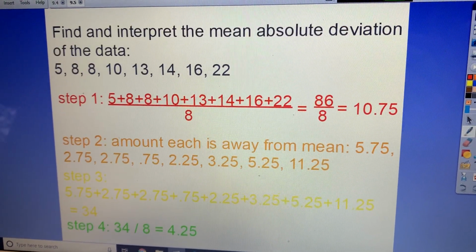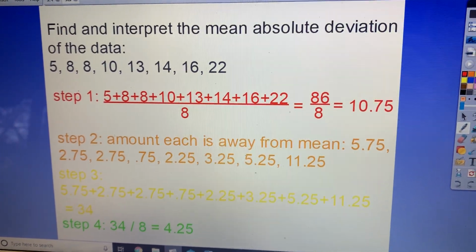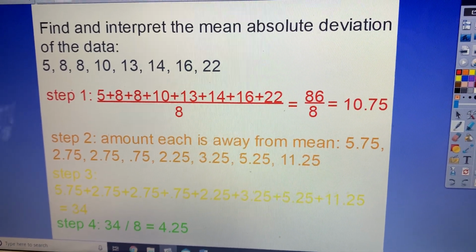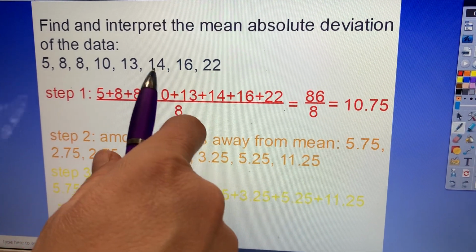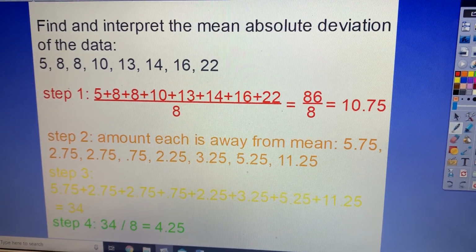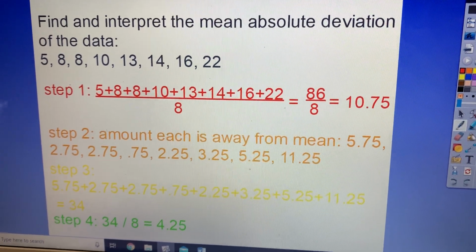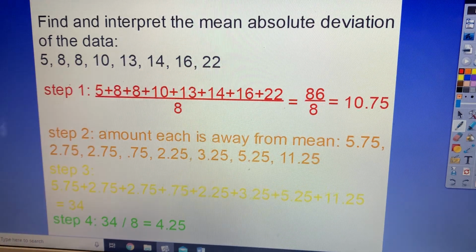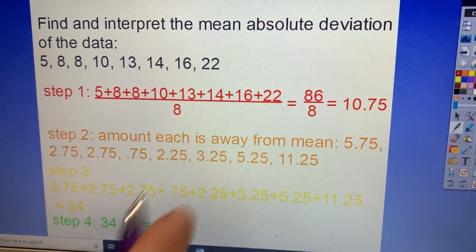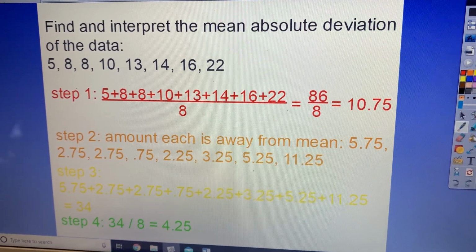Let's try it again. In this example, it says find and interpret the mean absolute deviation, our MAD, of the data 5, 8, 8, 10, 13, 14, 16, and 22. Step 1, find our mean. We have 1, 2, 3, 4, 5, 6, 7, 8 data values, so I'm going to be dividing by 8 in this case.